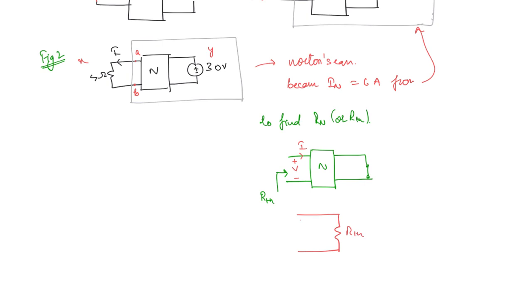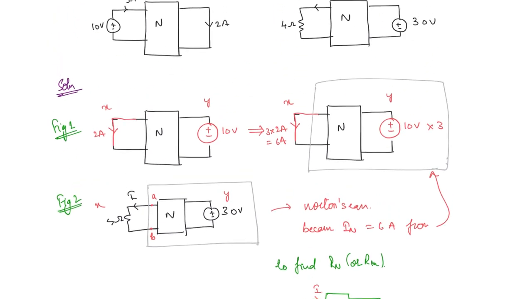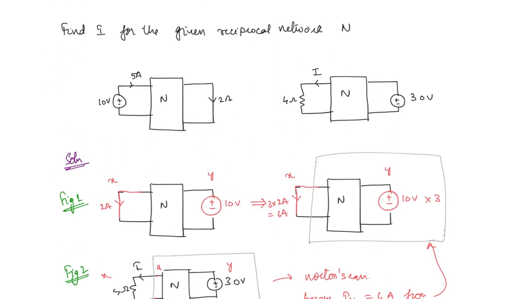And now if V and I are present here, then what is RTH? Simply V by I. So now how to get V and I? From the given diagram, given question, see if this is possible. You can see here that if this is short circuited, then the voltage appearing here is 10 volt and the current is 5 amperes. This is exactly what we need.